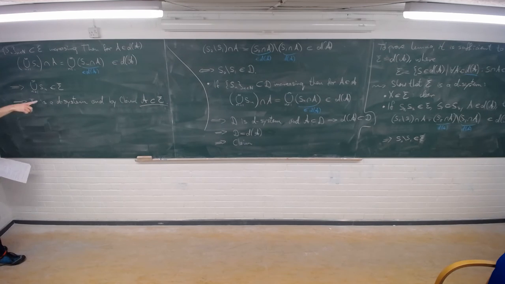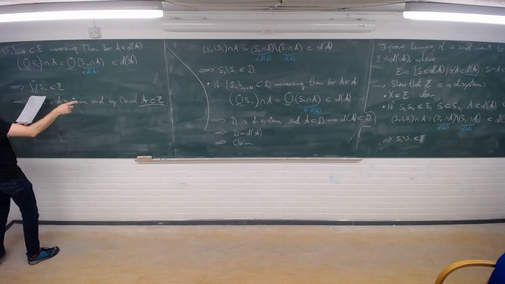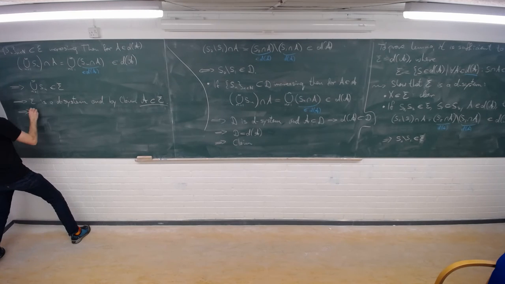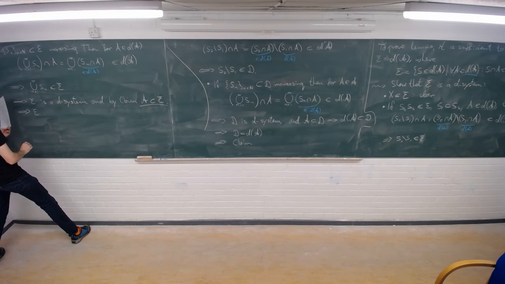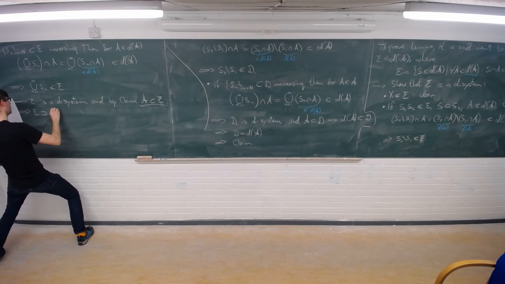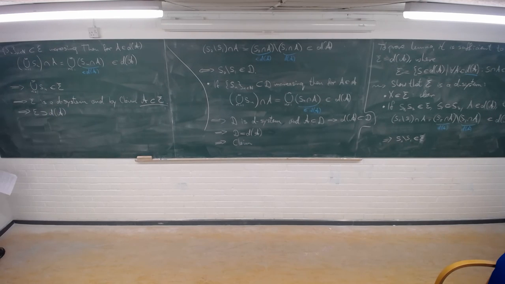Okay, so E is a D system and A is a subset of E. So E contains D of A, right?